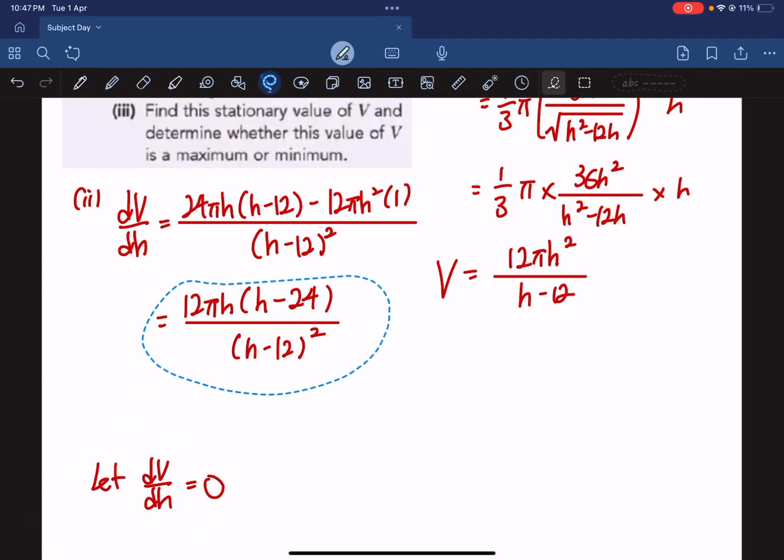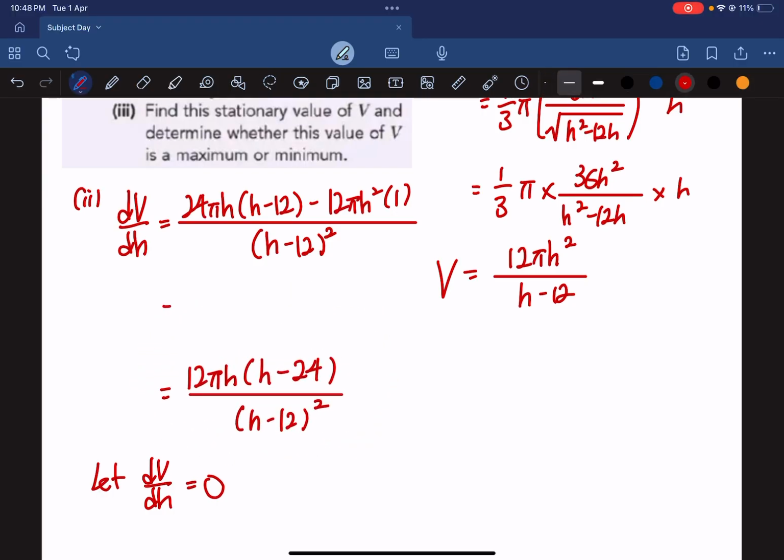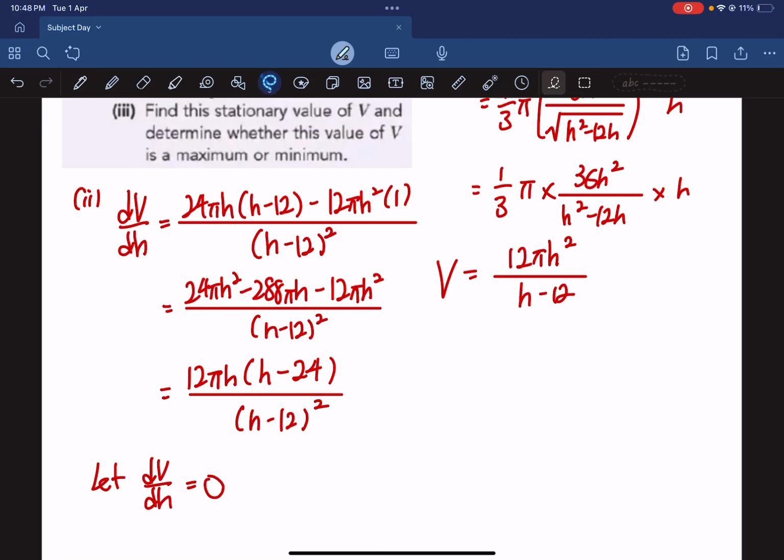Okay, wait, actually let me just expand this step by step so that I can verify. So 24 pi h squared minus 12 times 24, minus 288 pi h minus 12 pi h squared, the whole thing over (h minus 12) squared.